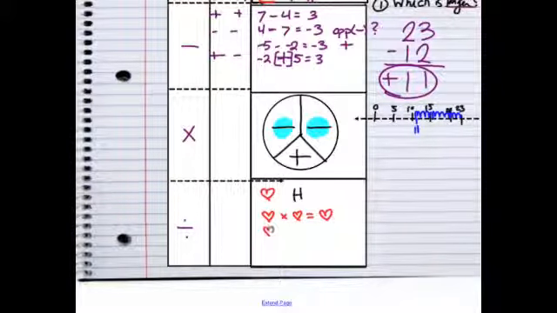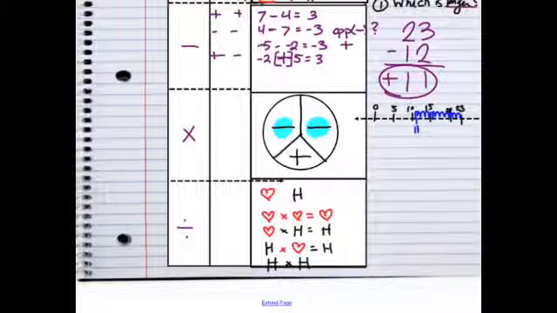If you have a positive number times a negative number, then you love to hate, so you're a hater. If you have a negative number times a positive number, then you hate love, so you're still a hater. Or if you have a negative number and a negative number, then you hate to hate, so you love. That's another cool memory trick to help remember positive and negative numbers in terms of multiplication and division.